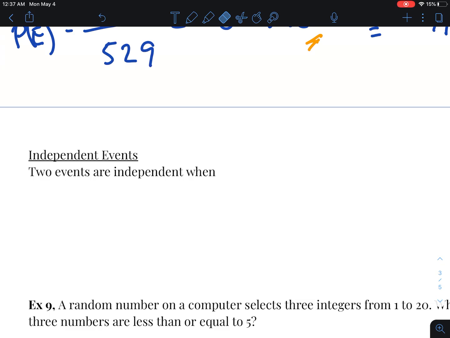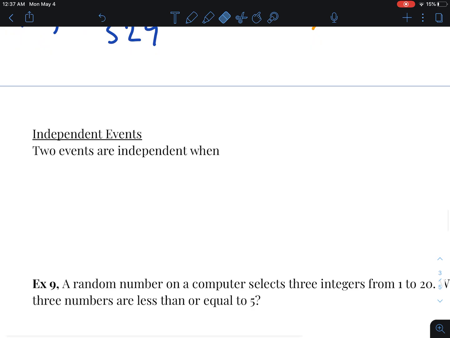All right, this is it. Last part. Independent events.